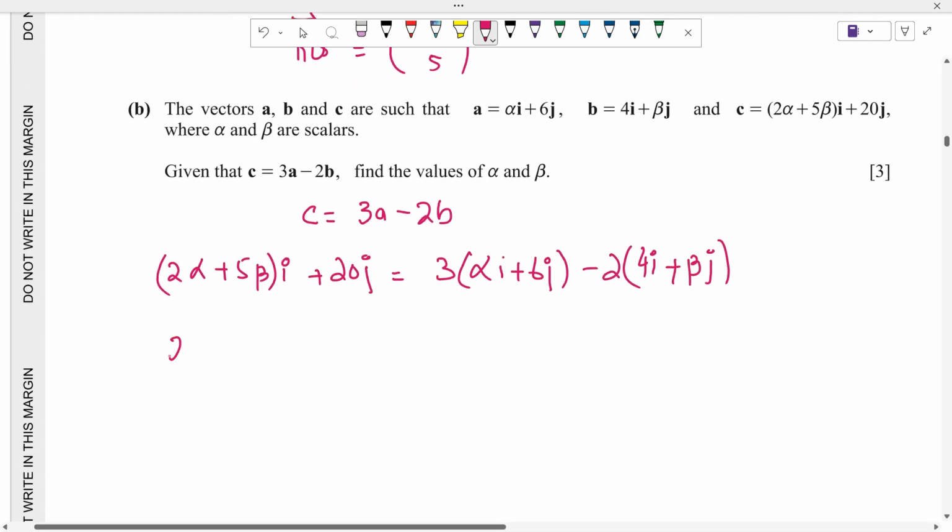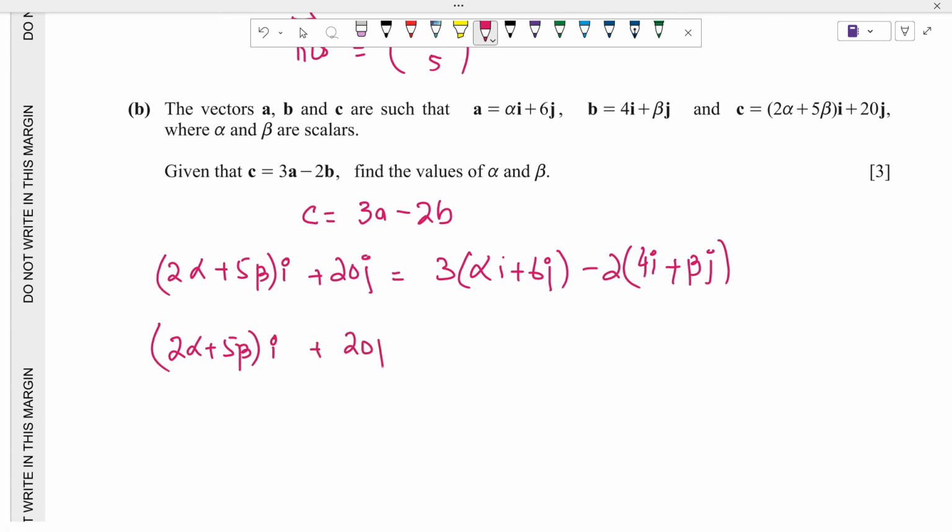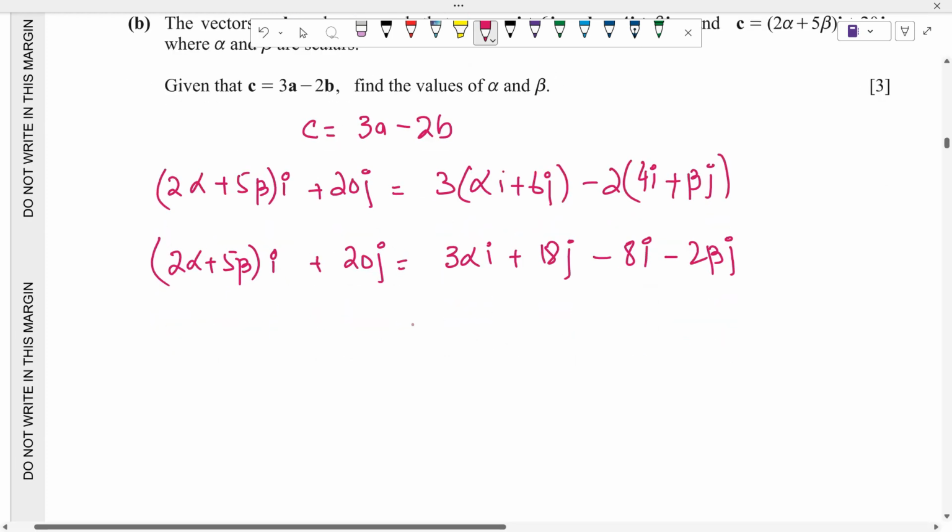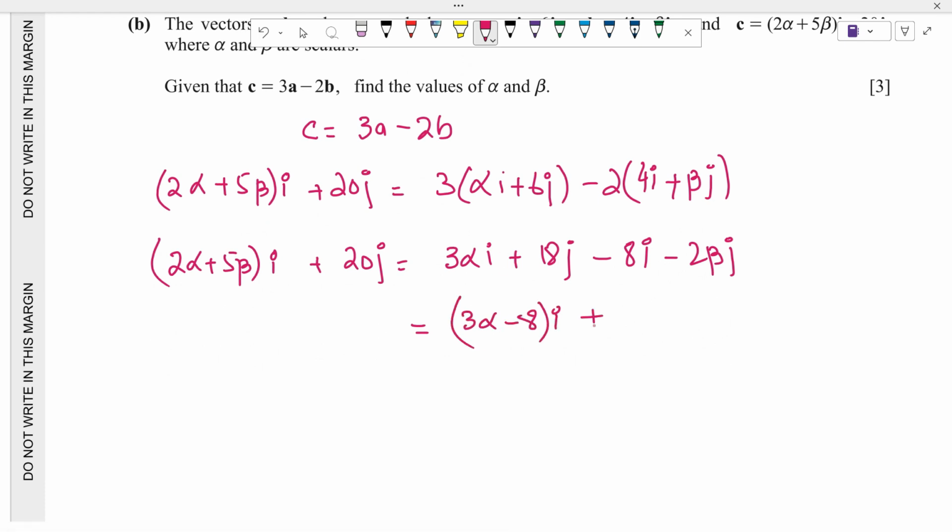So we will have (2 alpha plus 5 beta) i plus 20j is equal to 3 alpha i plus 3 times 6 is 18j minus 2 times 4 is 8i minus 2 beta j. Further solving, we will have (3 alpha minus 8) i plus (18 minus 2 beta) j.